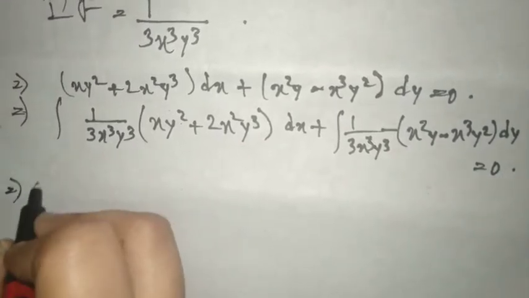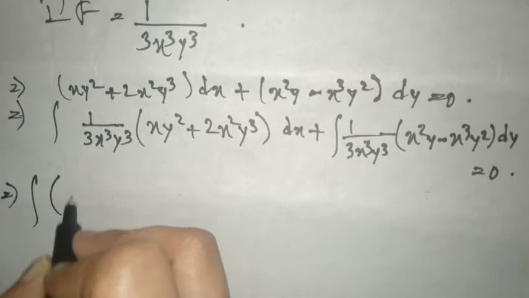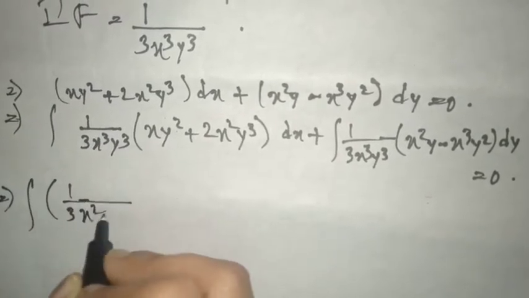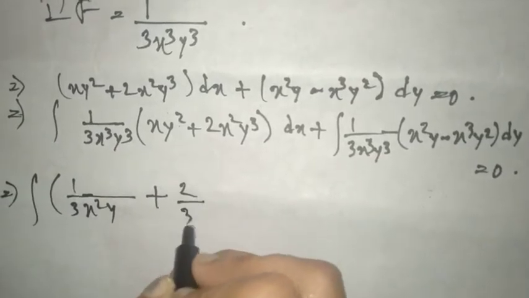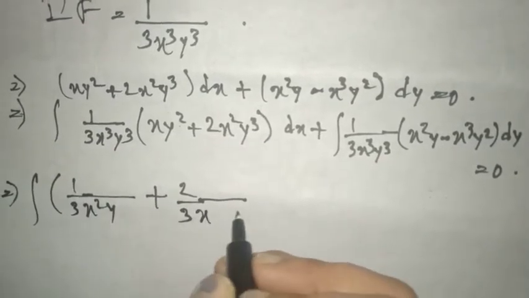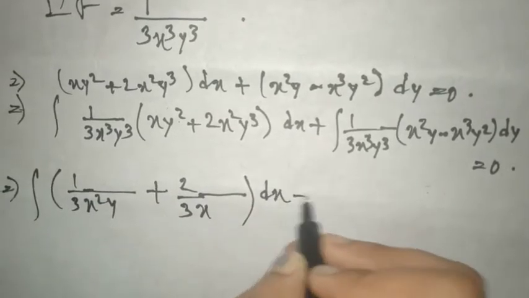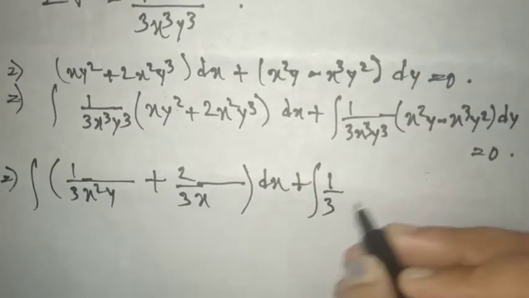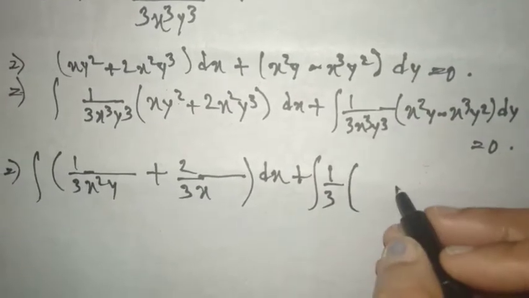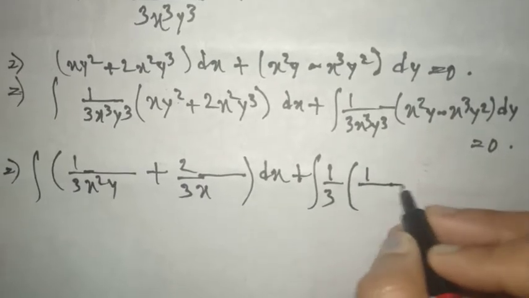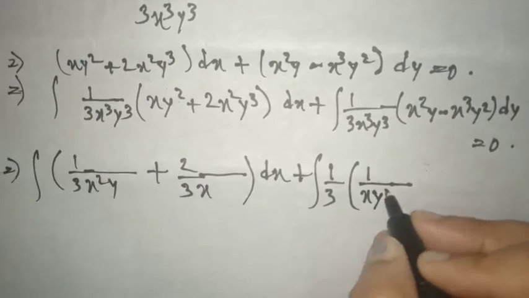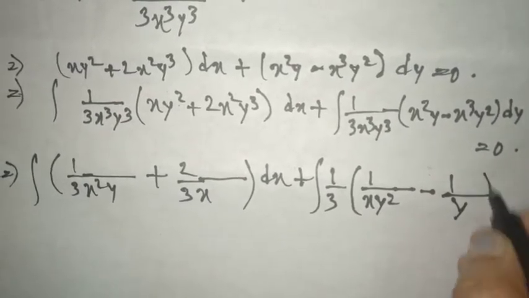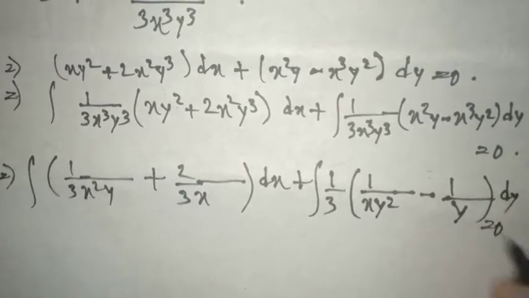Now this is integration of (1 by 3x square y plus 2 by 3x) dx plus integration, taking 1 by 3 common outside, of (1 by xy square minus 1 by y) dy is equals to 0.